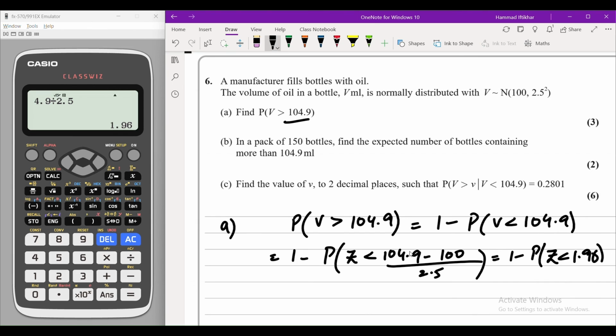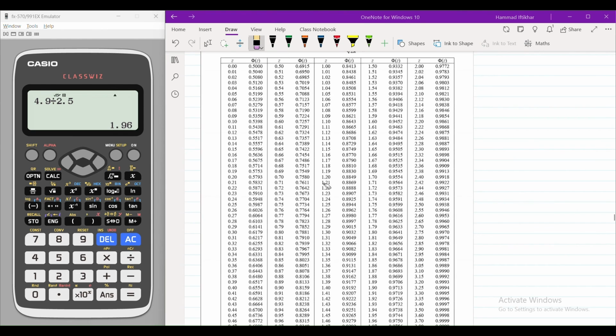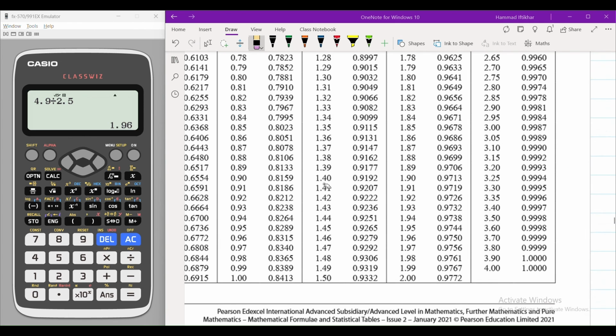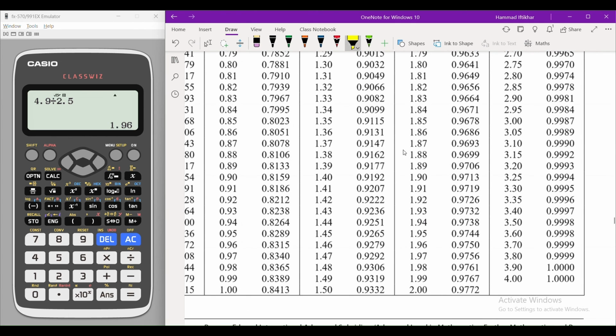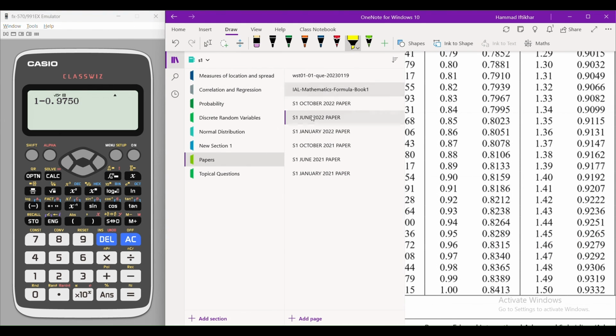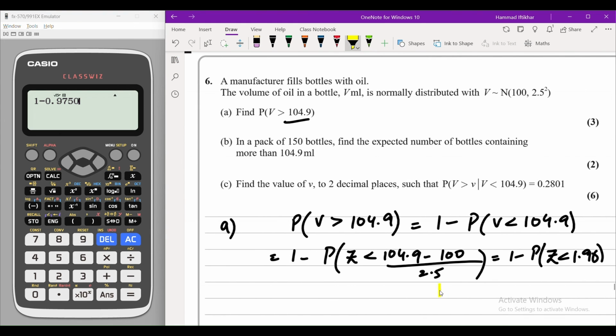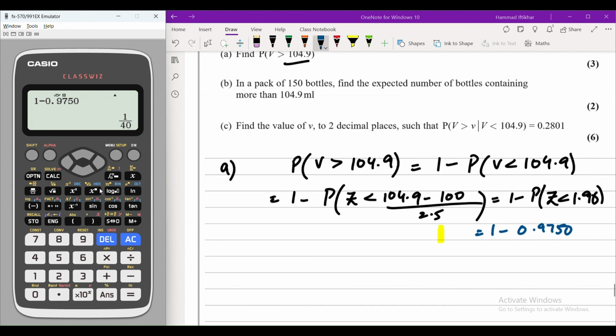Okay, so let's go into the table and find this. 1.96 is over here. So 1 minus 0.979750. Okay, so going back, one over 40, which is 0.025.